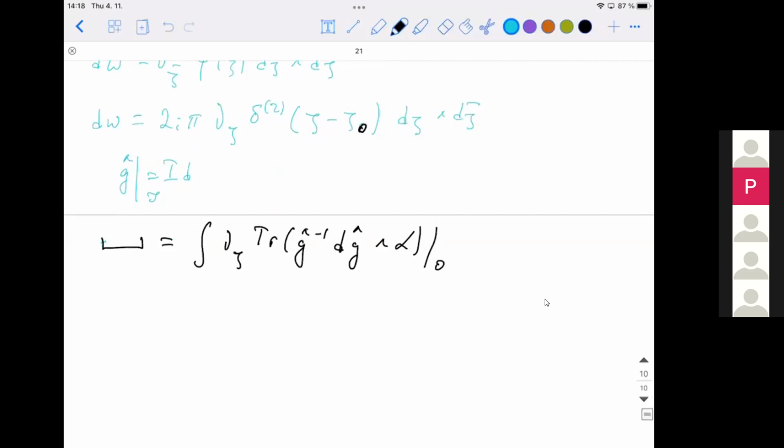So then trace G minus 1 and dG, delta, zeta L at 0.